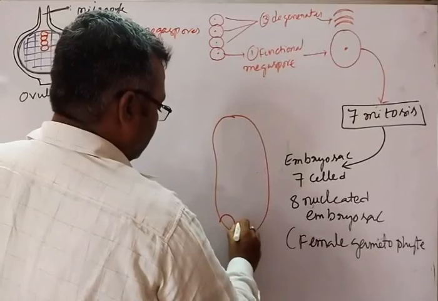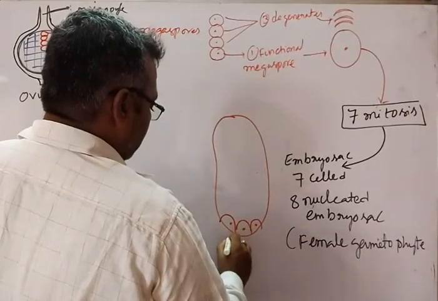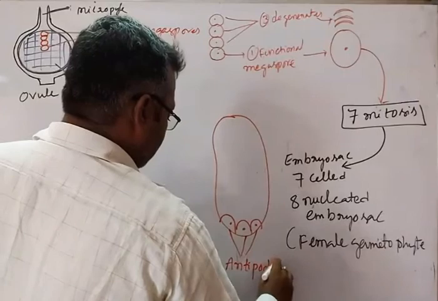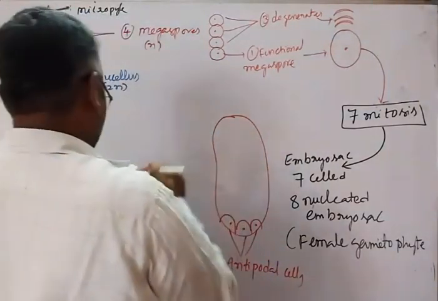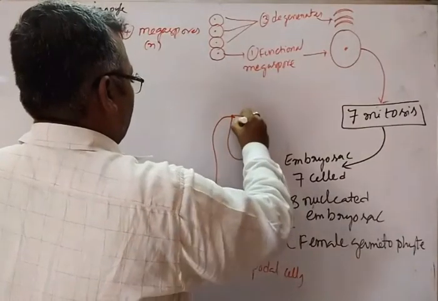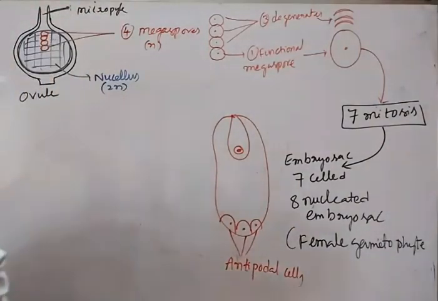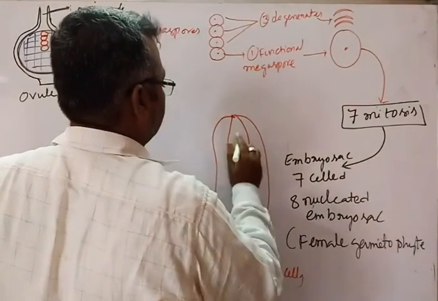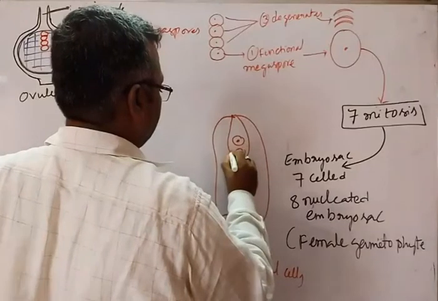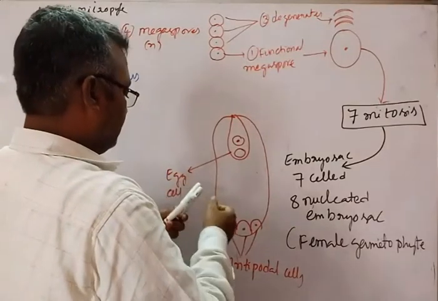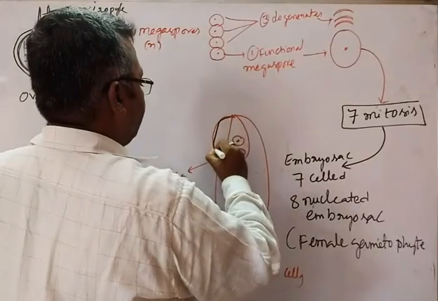It has 3 antipodal cells, one egg cell, and 2 synergids.